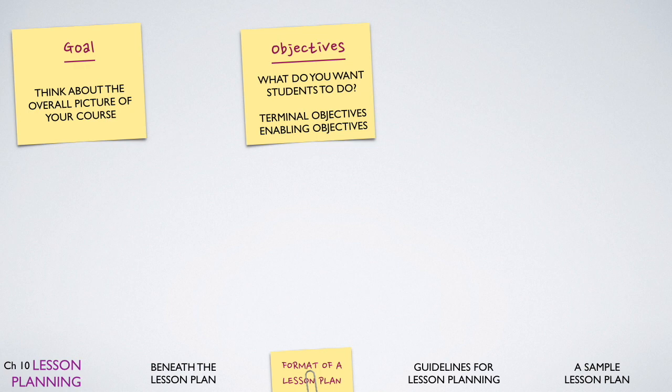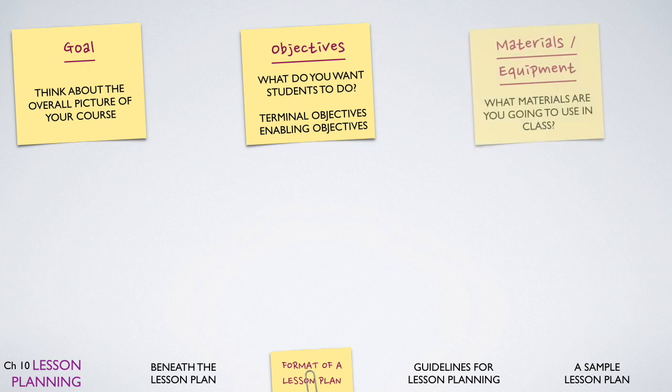We need to say what they will be able to do, like, students will be able to order food at a restaurant. As you can see on page 199, the objective I have just mentioned is a terminal objective. If you are talking about how the students will get there, you are referring to the enabling objective.